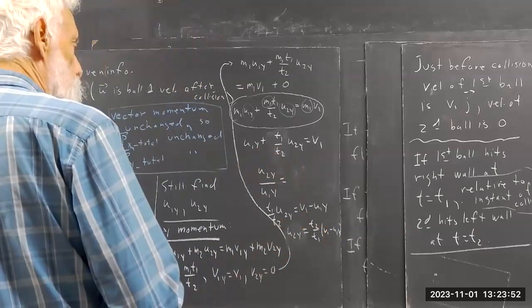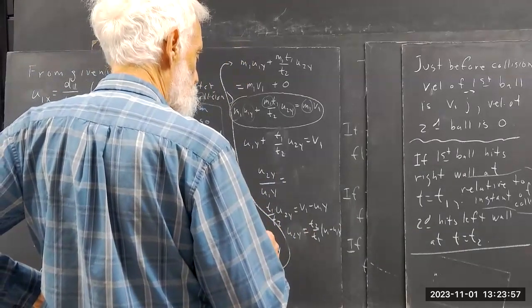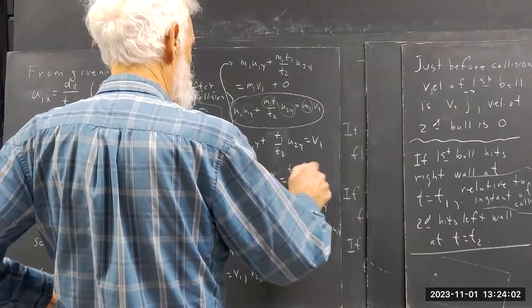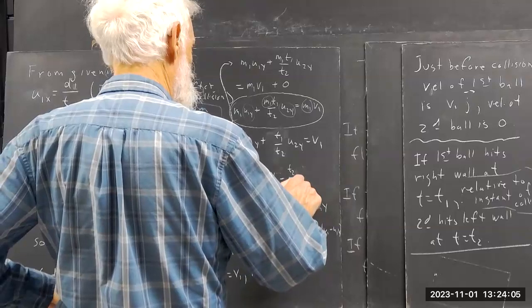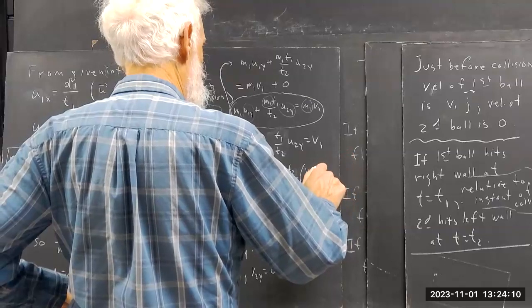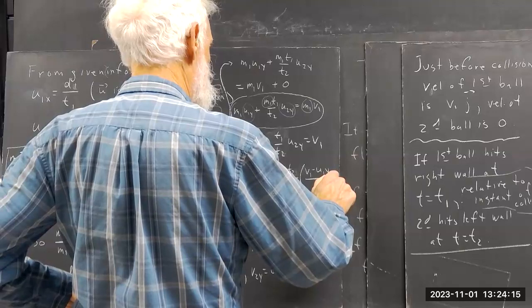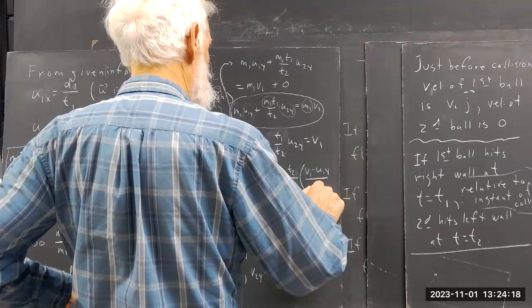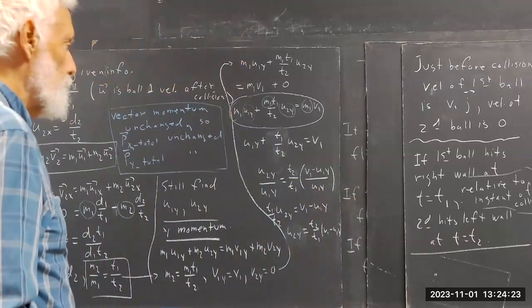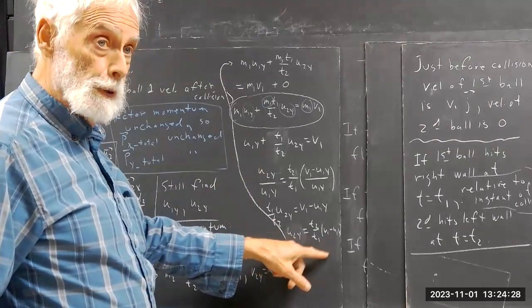And if I did my algebra correctly, then we conclude that U2Y over U1Y is this. So I solve for U2Y, and then I divide that expression by U1Y.